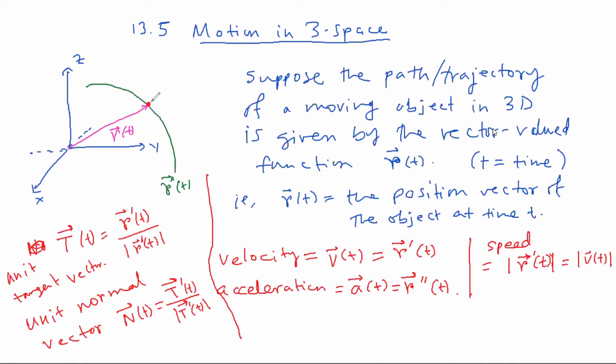Okay, so the unit tangent vector is like this, and the normal vector is perpendicular to that.